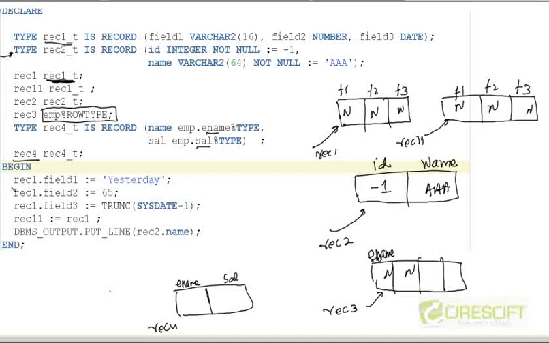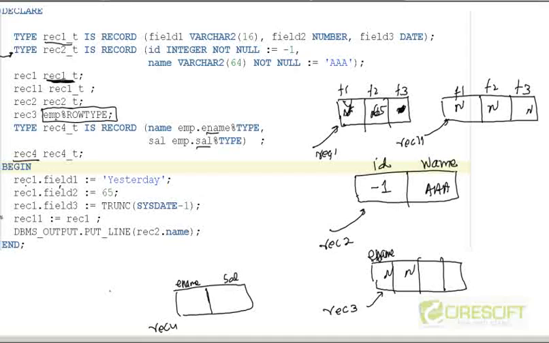Then in line number 14, I start to initialize rec1.field1. Instead of null, I put 'Y'. Then I put 65. Then I put today's date minus some days. So after line number 16, rec1 is completely initialized.